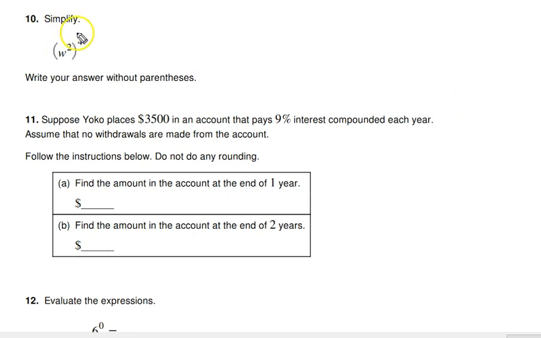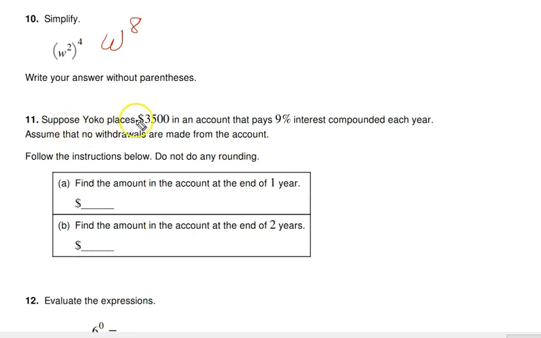Going on to number 10 now, we're looking at the power rule, where something in a parentheses is raised to a power that has a power already. Here we multiply. So in a sense, this is written 4 times. So 2 times 4 is w to the 8th power.